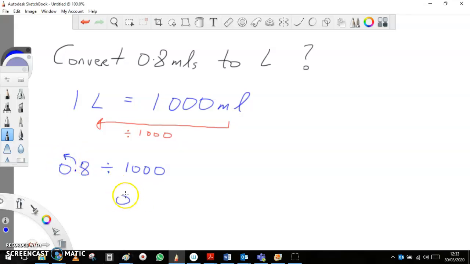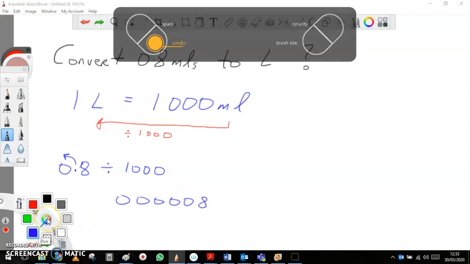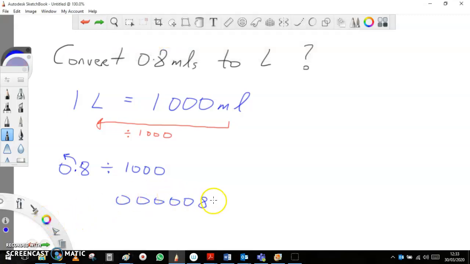So we need a few more zeros for it to hop over, because there's only 1 there at the moment. You can add as many as you want, right? There's the 8. And we're going to start hopping our decimal point here. 1, 2, 3, and it's going to land there. Okay? So, I'll switch to blue there. And if we started here, 1. Oh no, where did we start?